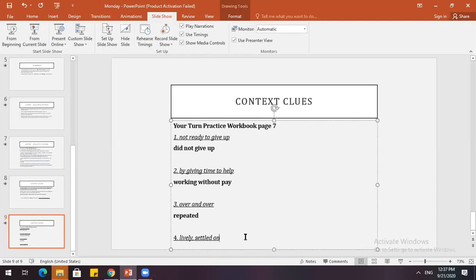All right. So these are the two context clues. Settled on suggests that there was, thank you, Mamdouh, a discussion going on, and in the end we settled on. So in the end, they chose building the community as the slogan. Lively means full of activity, full of excitement.